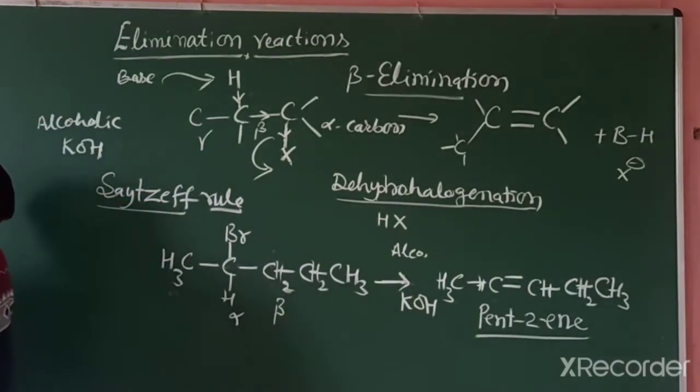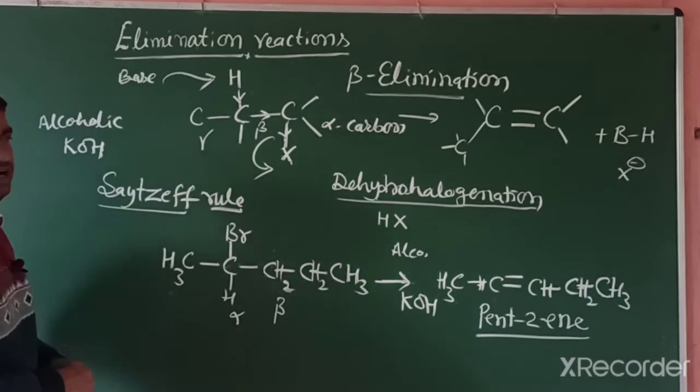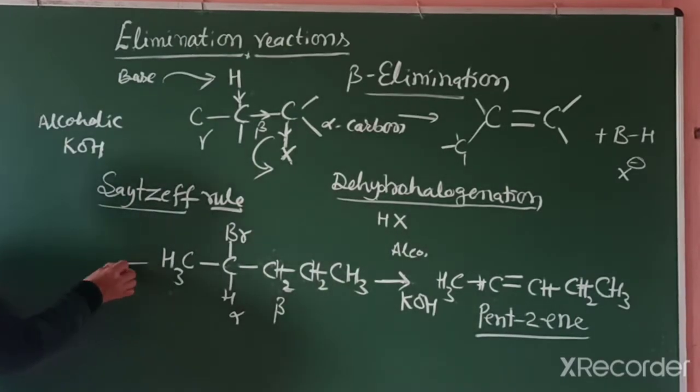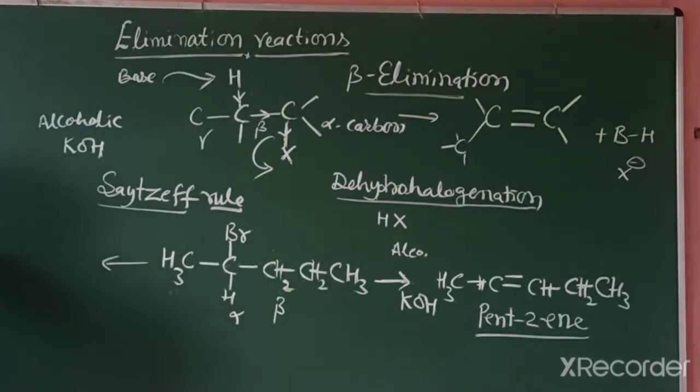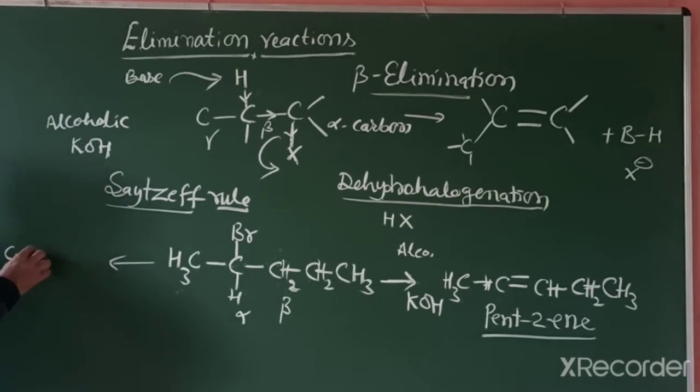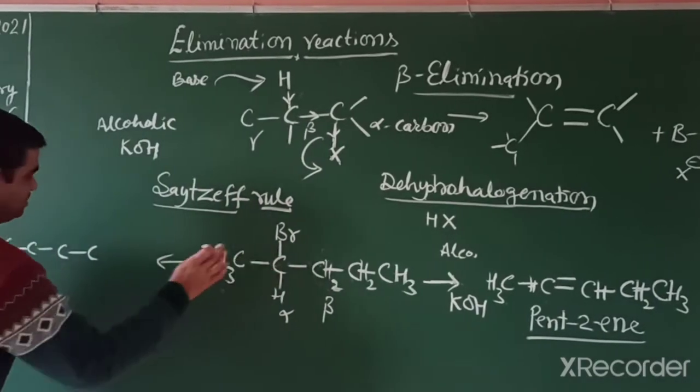If the hydrogen on the other side, on the next carbon which is also a beta carbon, is removed, then we get a double bond between the first and second carbon.